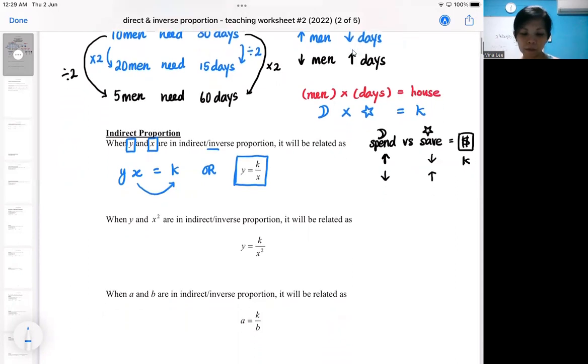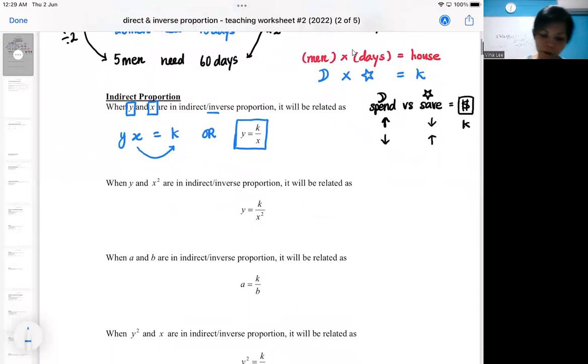Similarly, if my variable changes, this will be the star, and this will be the moon. It doesn't matter which one is the star and which one is the moon. For example, this is the moon, and this is the star. They are in inverse direction, they are in inverse proportion.